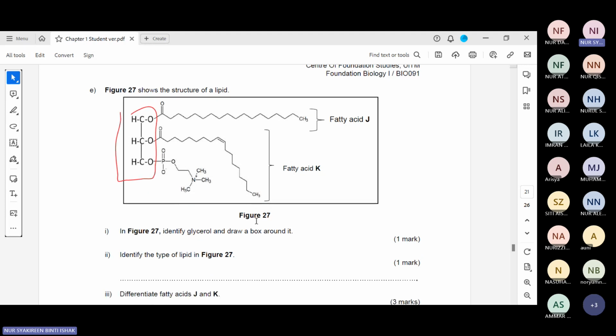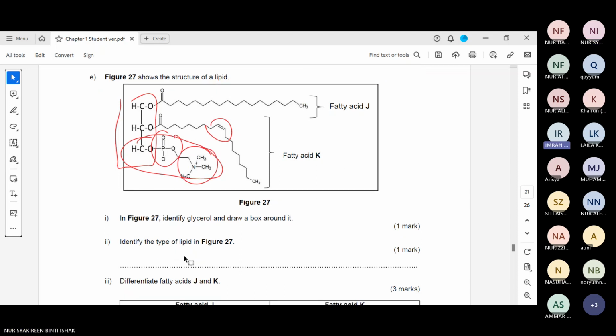Identify the type of lipid. Is there a band? So what lipid is it? Oh no, there is this. Sorry, it has phosphate and choline. What is this? Unsaturated fat.